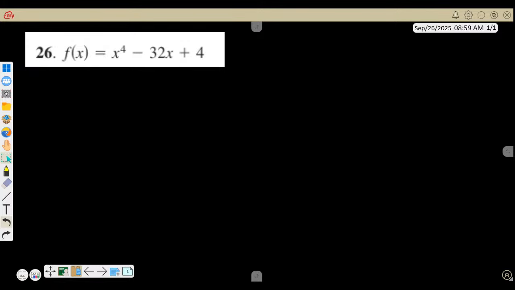So what is the derivative of 26? 4x cubed minus 32. Okay. And now set this derivative equal to 0.